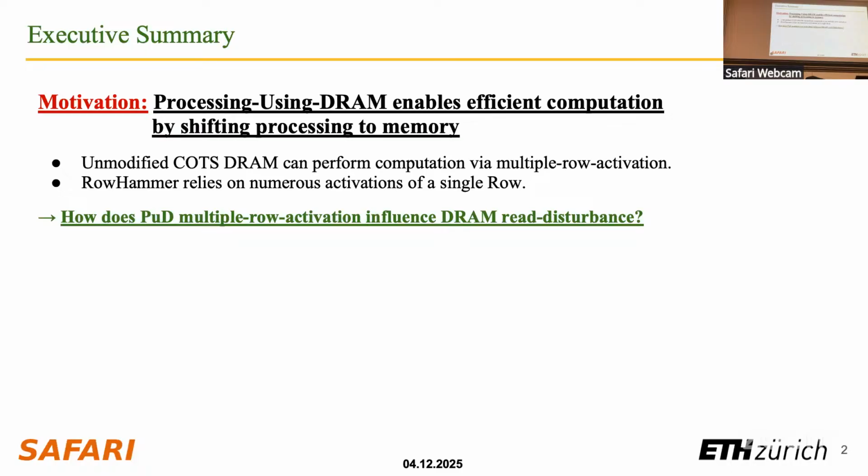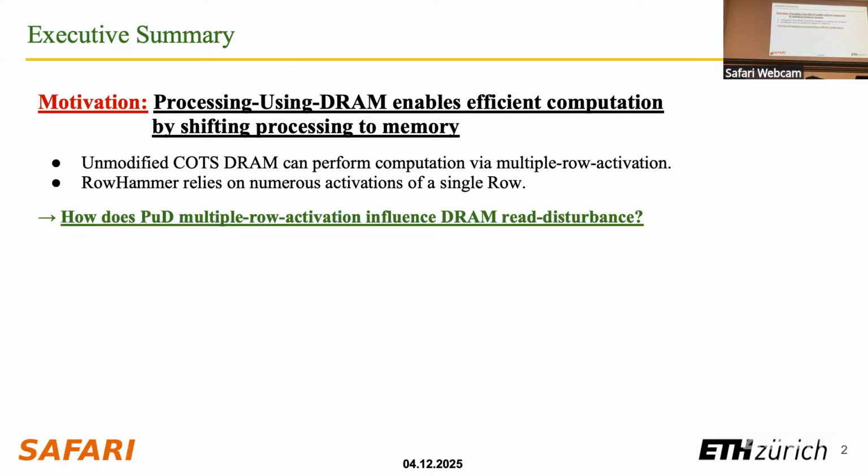So the motivation is, nowadays processing using DRAM enables us some more efficient computation, right? We move some computation closer to the memory or in the memory. And this can be done with unmodified consumer or off-the-shelf DRAM chips. The way they do processing using DRAM with these chips is that they activate multiple rows at the same time or in quick succession.